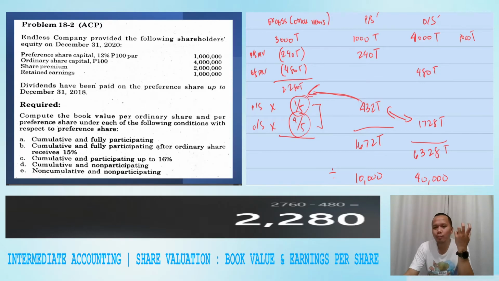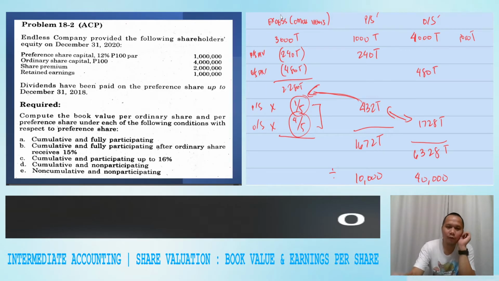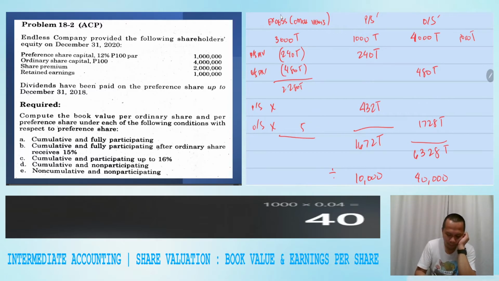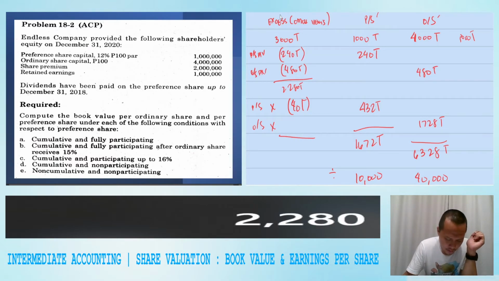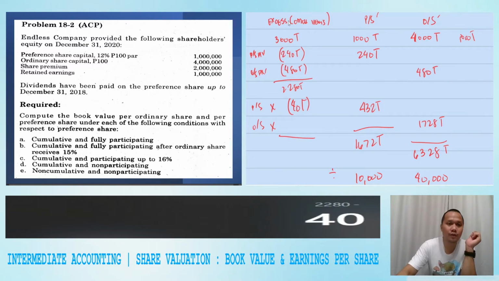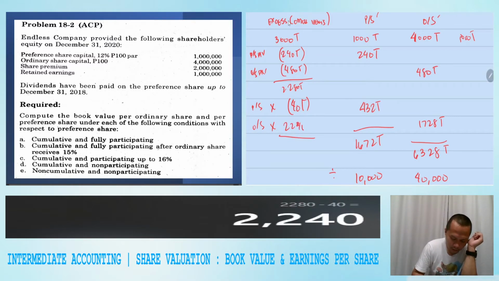Clear? So, 4% only. That means 4% of the par, or total par, to make it easier, times 0.04, that is only 40,000. The excess of 2,280,000 minus 40,000 now goes to the ordinary shares.